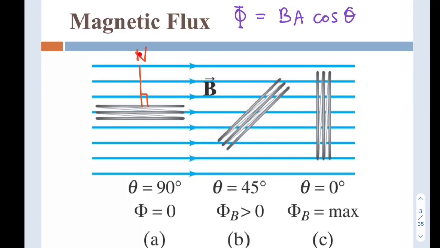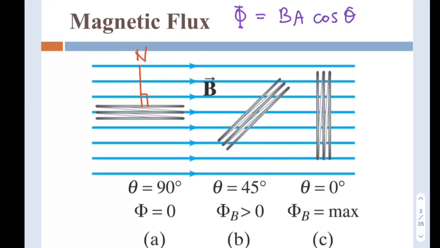Why is it so? Because the normal of the area to the B here is 90 degrees, and cos 90 is 0. In simple terms, there are no B lines penetrating the area, right? That is why the flux becomes 0.